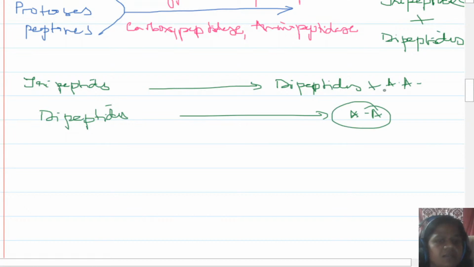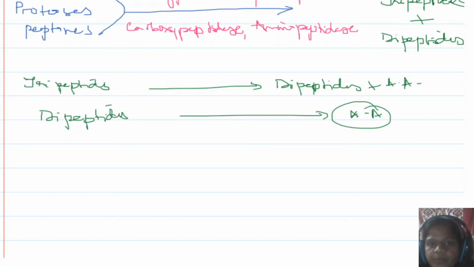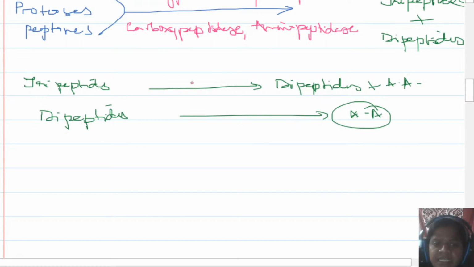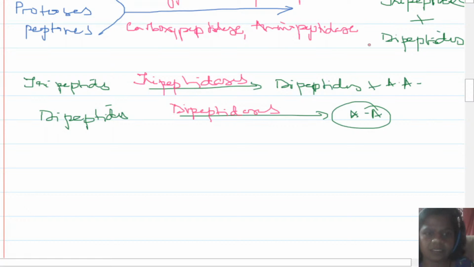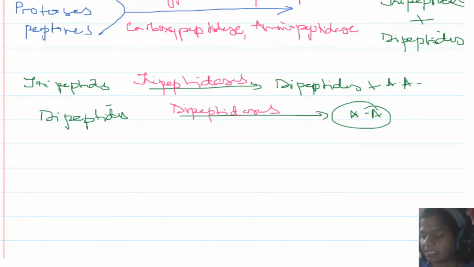These amino acids are the end product of protein digestion. And the enzymes that help the tripeptides convert to dipeptides and amino acids are tripeptidases, and dipeptidases act upon dipeptides to give amino acids. So this is the end product of protein digestion.